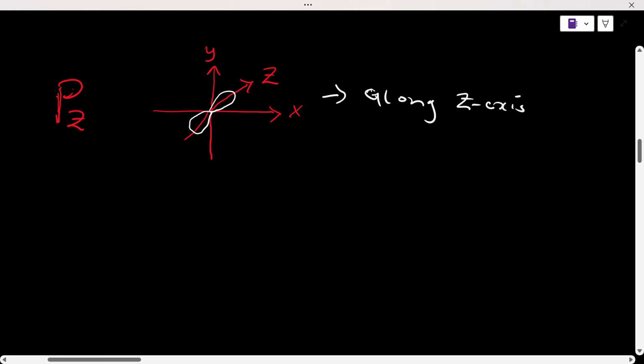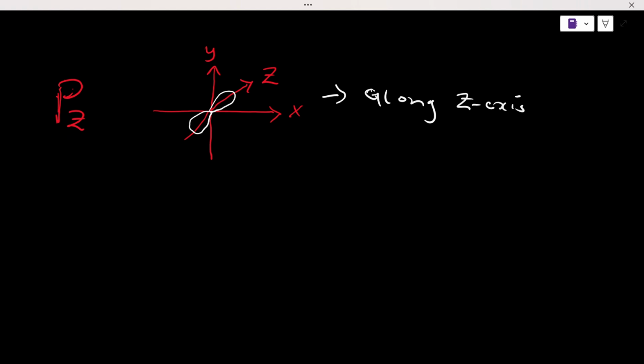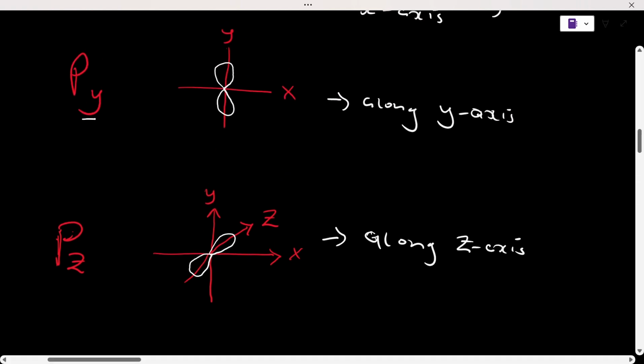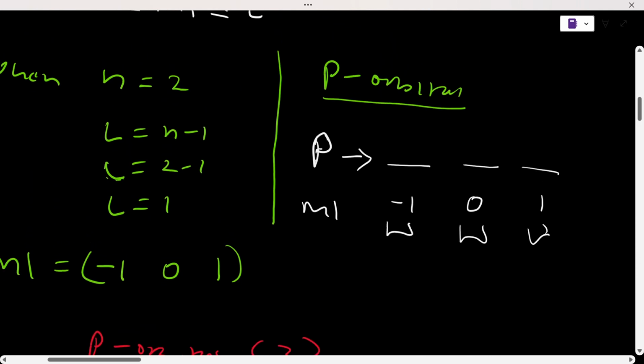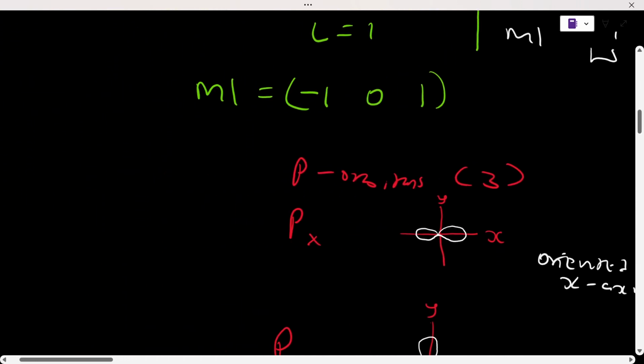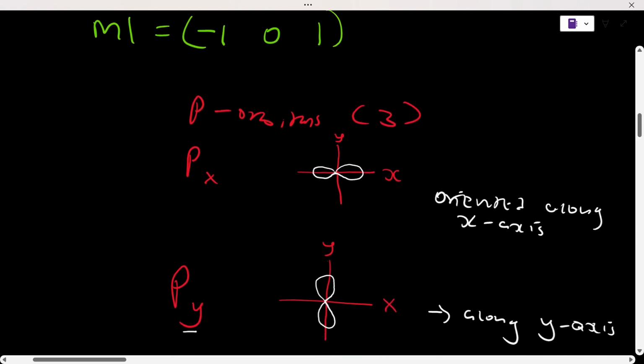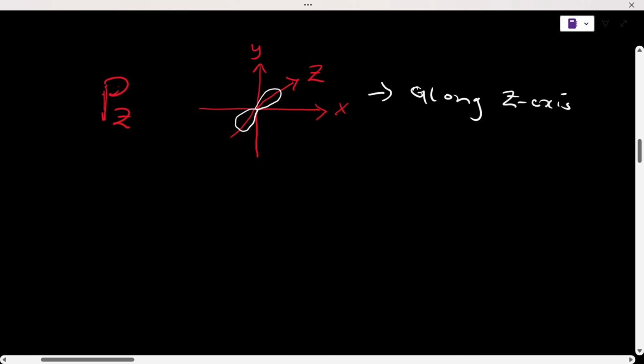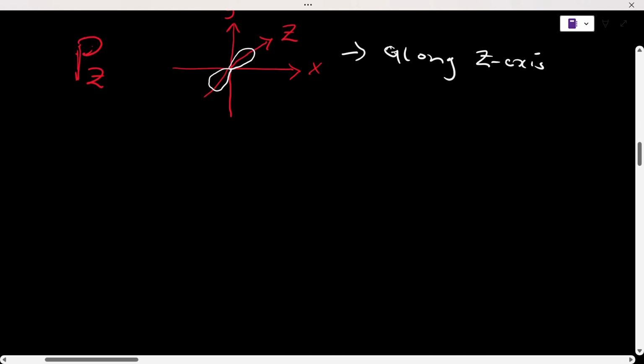So, lastly, when I want to deal with the d orbital, sorry, I'm just organizing my page for it to appear better. When dealing with the d orbitals, I know very well that L is supposed to be 2.